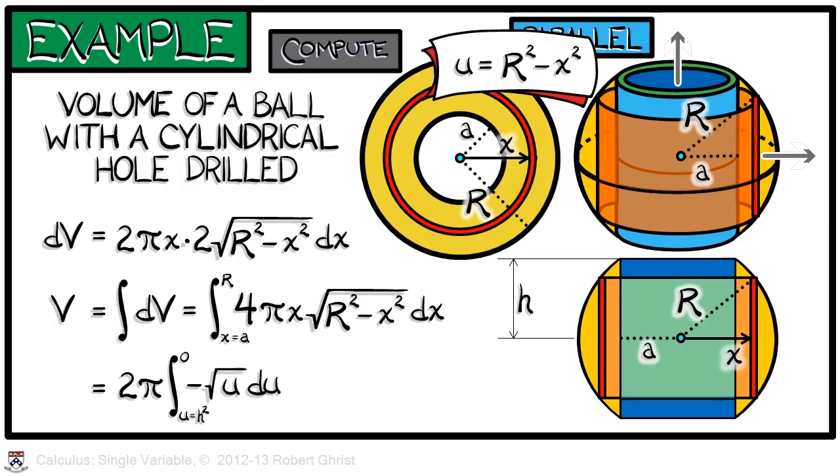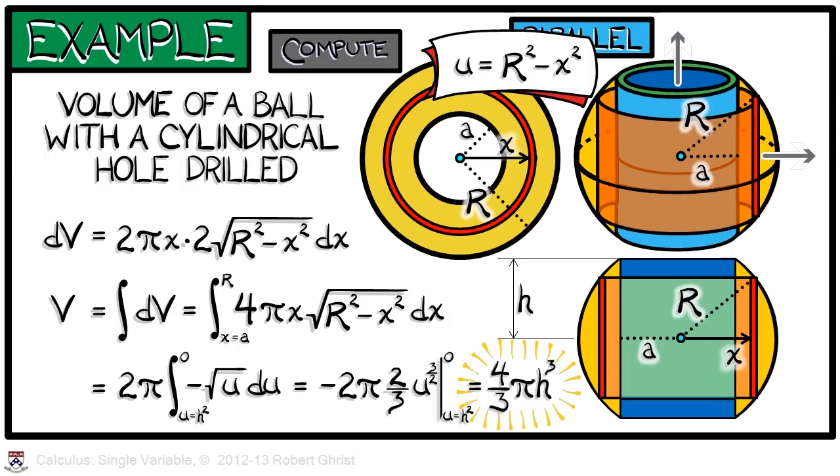We're integrating negative square root of u du. That leads to a final answer of negative 2 pi times the integral of square root of u. That's 2/3 u to the 3/2. Evaluating as u goes from h squared to 0 gives what?